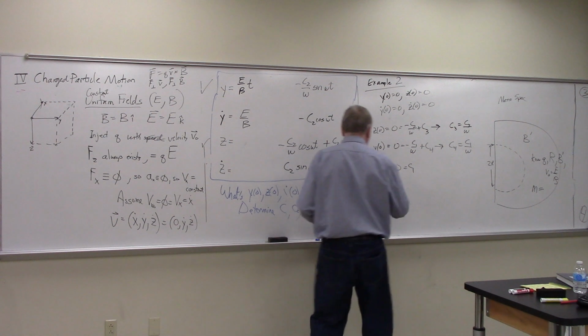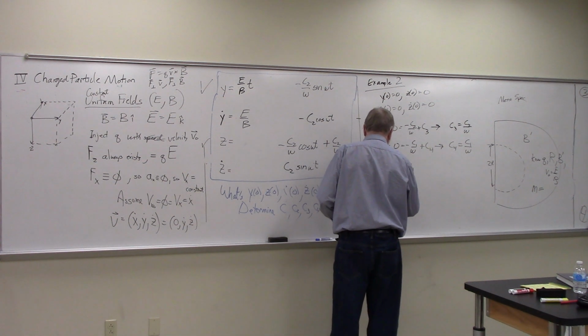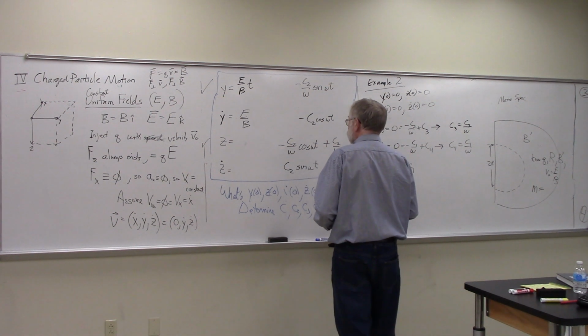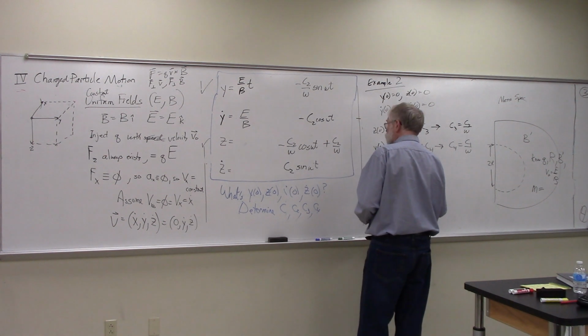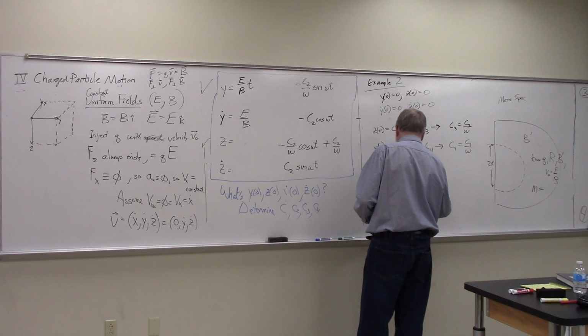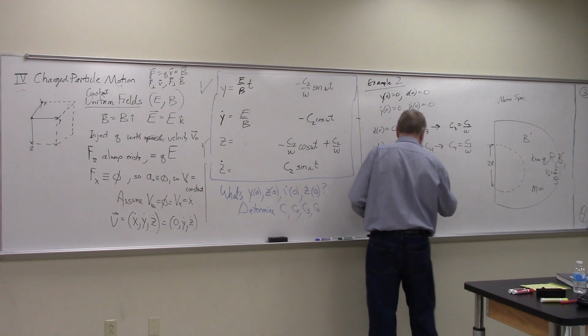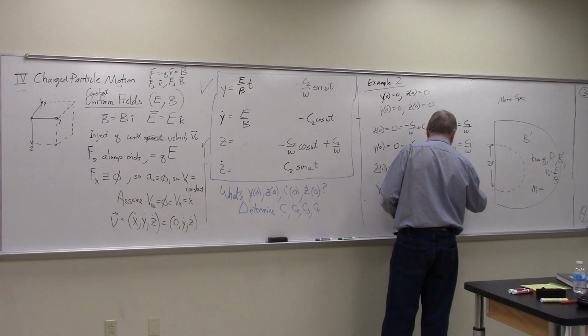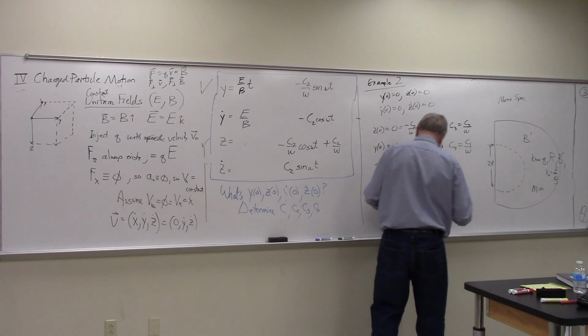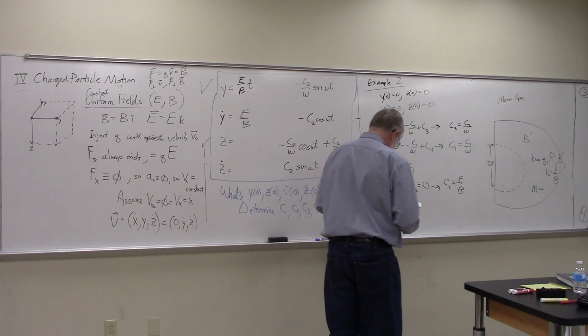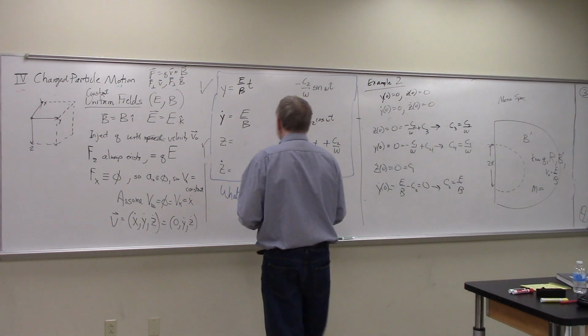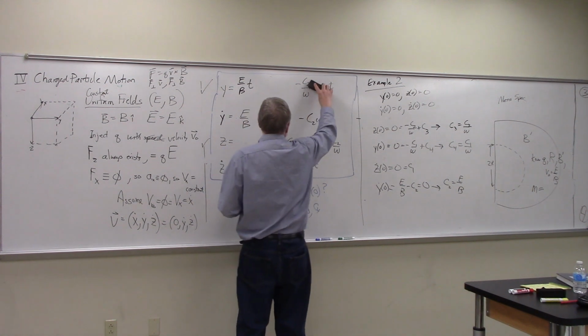And y dot of 0 is equal to 0, which is e over b minus c2 equals 0, which tells me that c2 is e over b. So let's change all the c2's to e over b's.